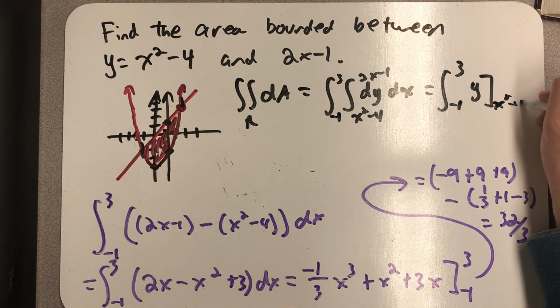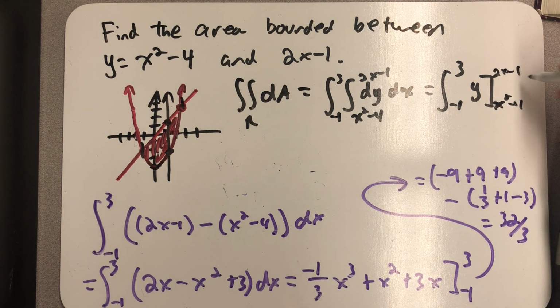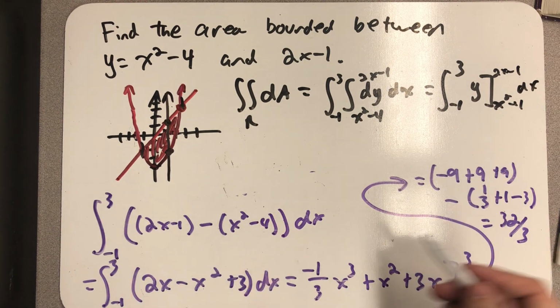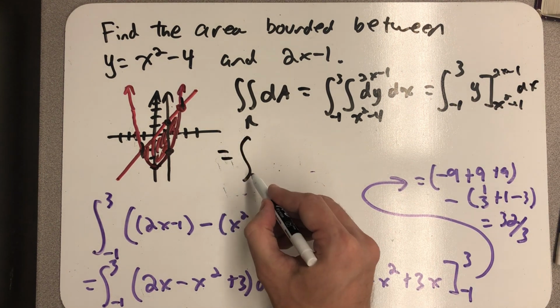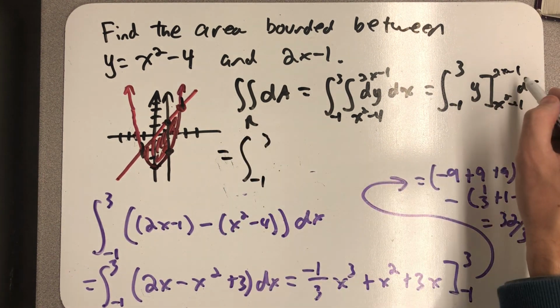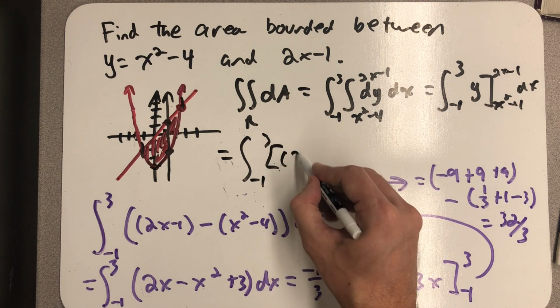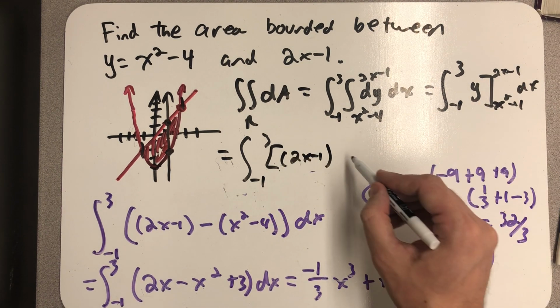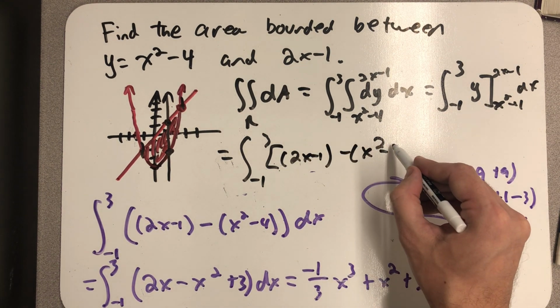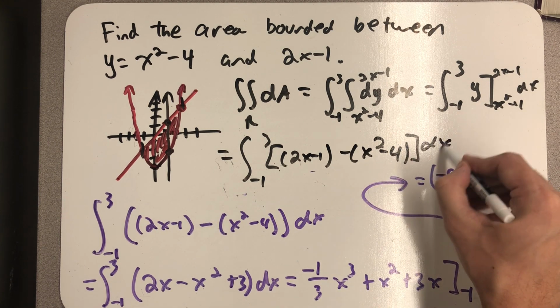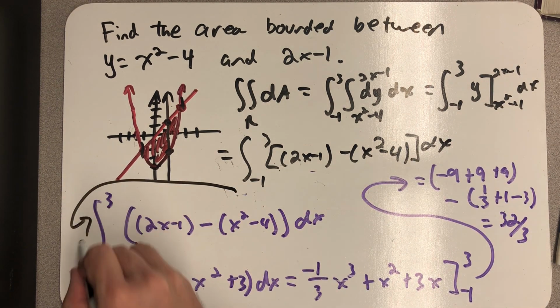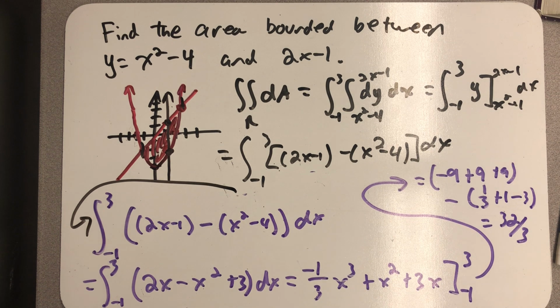And I'd have x squared minus 4 to 2x minus 1, dx. And then when I evaluate that, I'd have the integral from minus 1 to 3 of, well, I plug in the 2x minus 1, minus what happens when I have x squared minus 4, dx. And I've arrived at that problem that I've already solved.